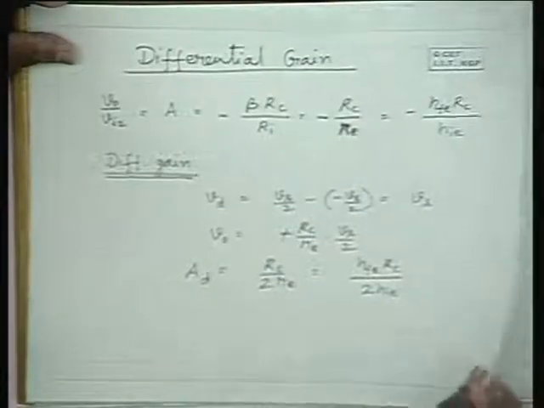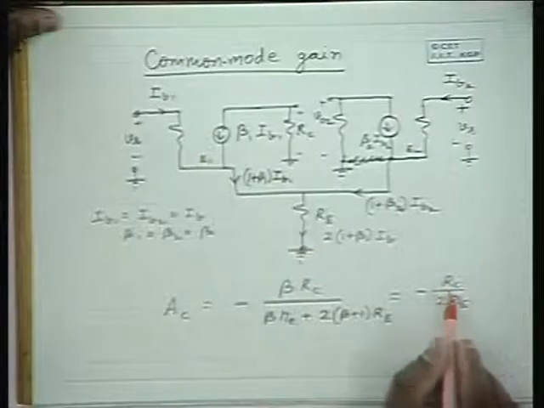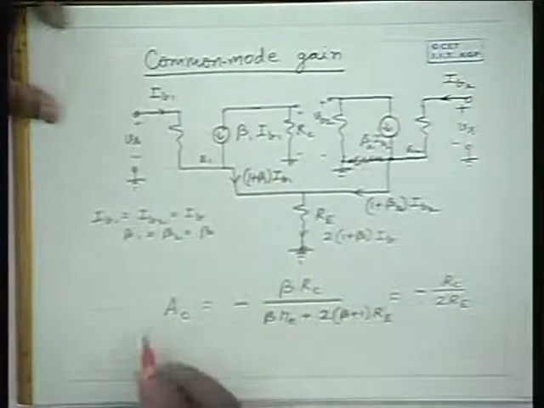Now, let us obtain an expression for the common mode rejection ratio. We got the differential gain as RC by 2 small re, and we got the common mode gain as minus RC by 2 RE.